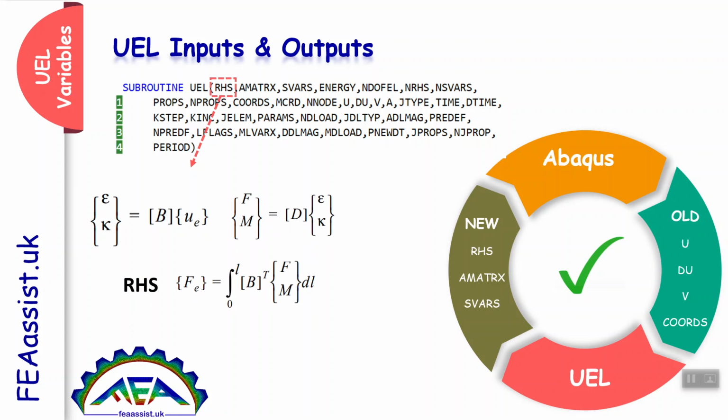So you understand what the RHS is that you need to update in your problem. It needs more explanation for the A matrix and all the variables.